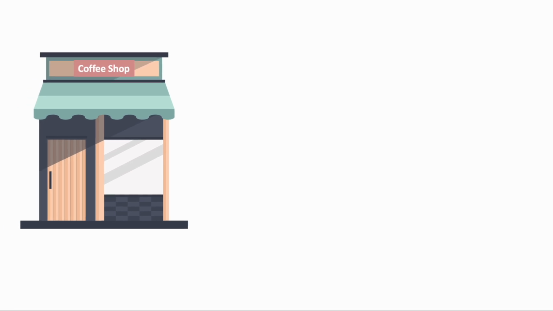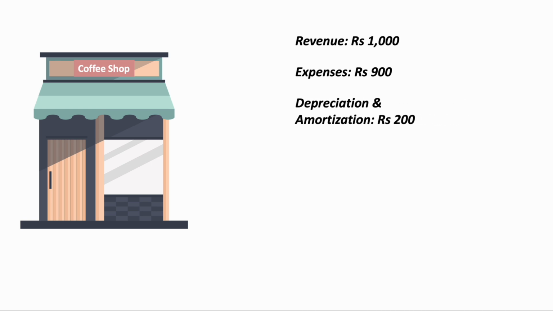So, suppose you own a coffee shop wherein your revenue per month is 1000 rupees. The expenses, that is the raw material costs and the operational costs, are 900 rupees, and the depreciation and amortization, that is the wear and tear of the machinery that is being used in the coffee shop, is 200 rupees.